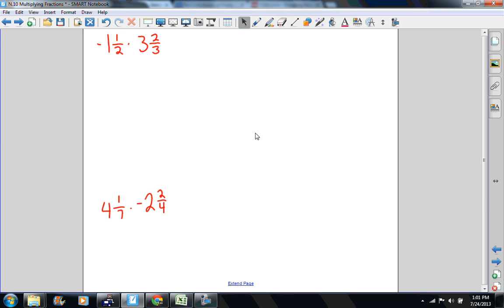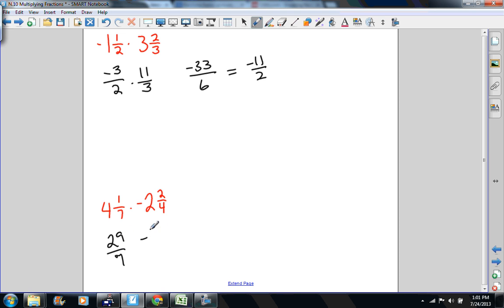All right, let's see what we got here. So this becomes negative 3 over 2 times 11 over 3, negative 33 over 6, which can be simplified into negative 11 over 2. The bottom, that ends up being 29 over 7 times negative 10 over 4.